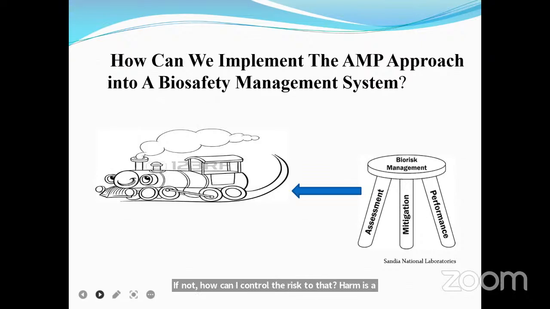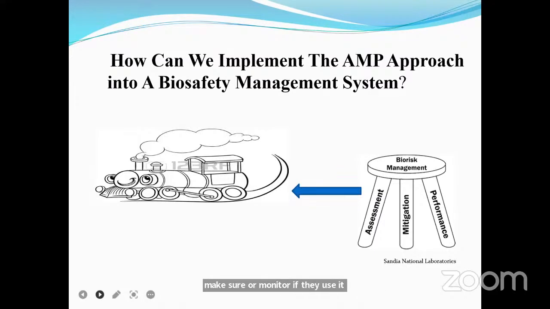The simple things: redesign the job, replace the material, machinery, or process, organize your work to reduce exposure to the material, machinery, or process, provide personal protective equipment, and make sure to monitor that they use it.